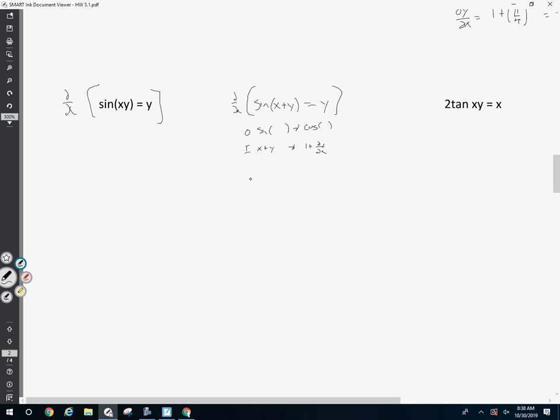Watch how this derivative looks. Cos of x plus y times 1 plus dy dx equals dy dx. Now here's the problem. I can't just divide by the cosine of x plus y because then this dy dx is going to be trapped. I can't subtract the 1. I can't divide by the 1 plus dy dx, because then this 1 is going to be trapped in the parentheses. The best thing to do is to distribute.